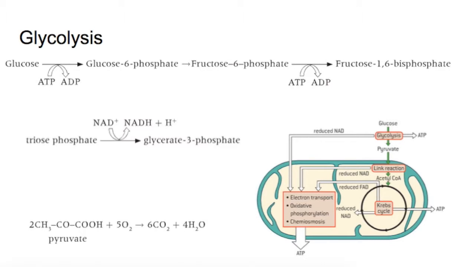This takes place with the help of a family of enzymes called hexokinases to form glucose 6-phosphate. The conversion of glucose to glucose 6-phosphate is endergonic, and the hydrolysis of ATP is exergonic. The two reactions are coupled and take place spontaneously.